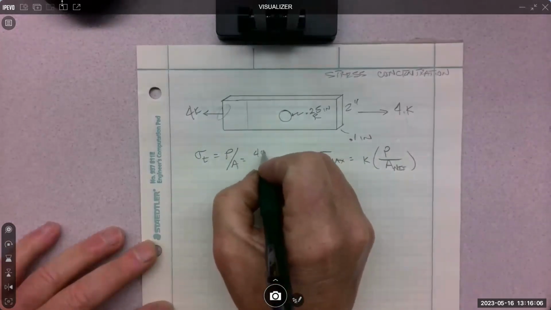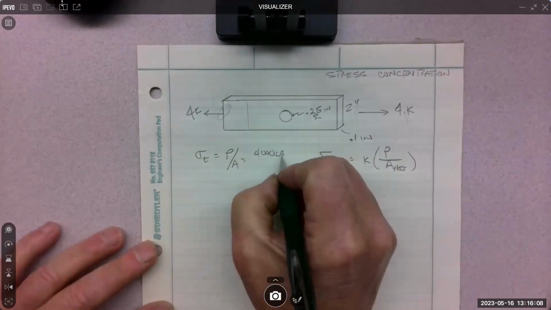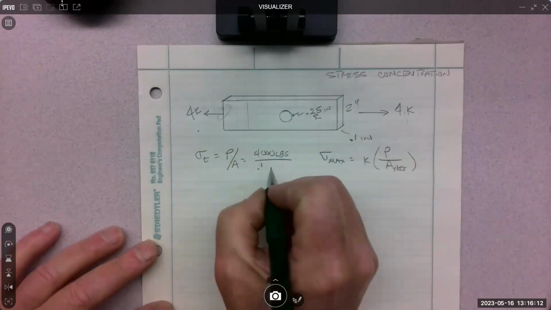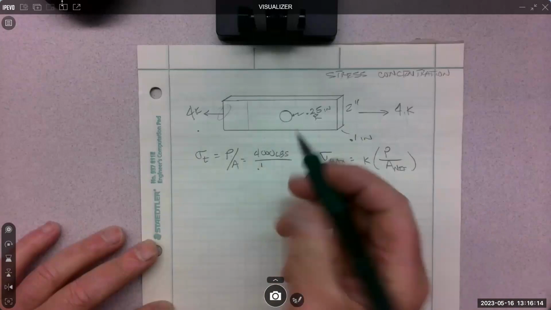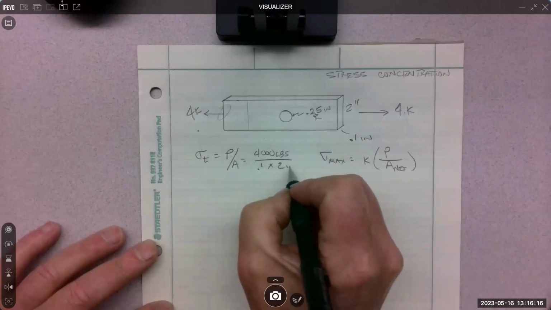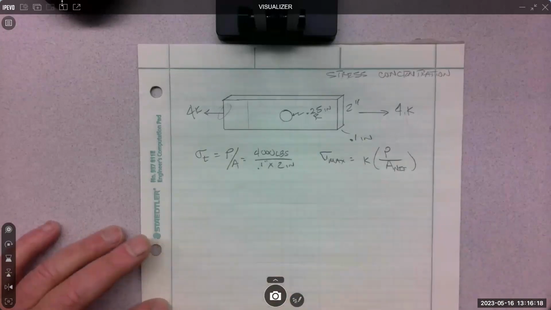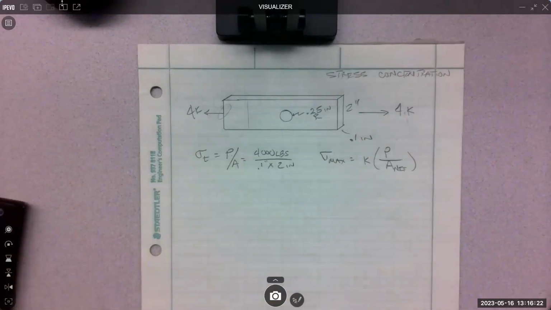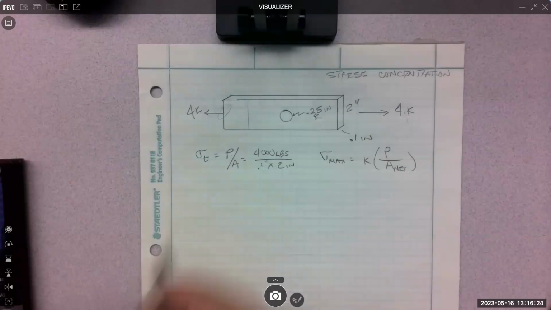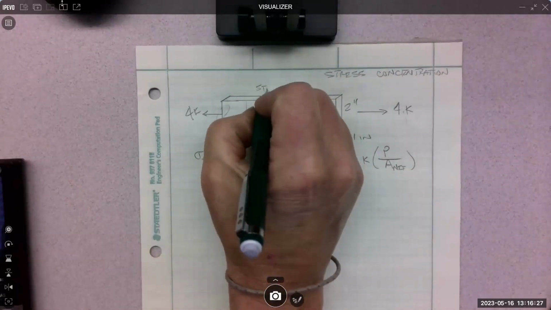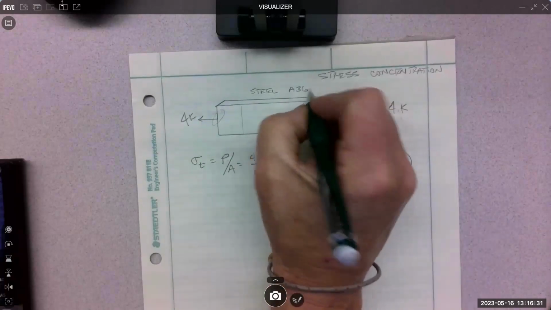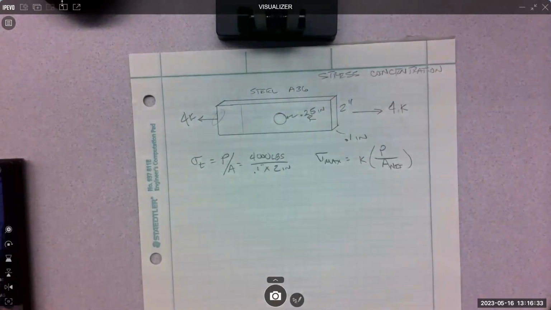Load, 4,000 pounds over area, 0.1 times 2 inches. So I'm going to do that one first just to see if we're anywhere near, we'll call this steel A36, see if we're anywhere near the yield.